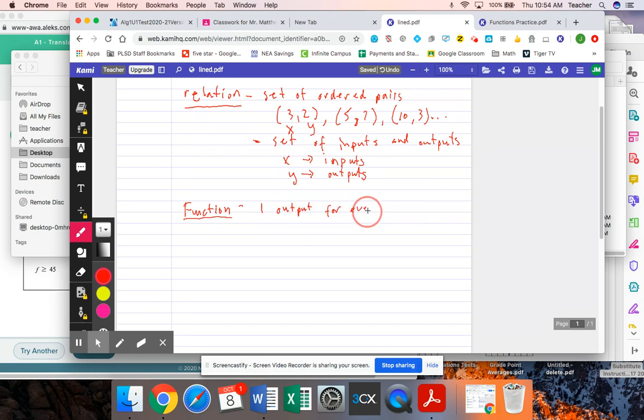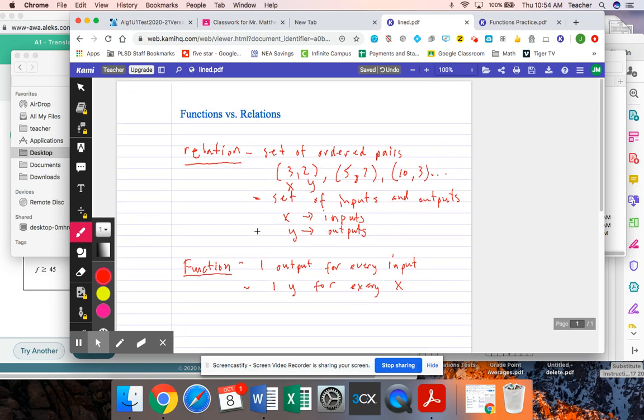As long as I have one y for every x, because our input is x and y is our output, then we're good. That's essentially it.